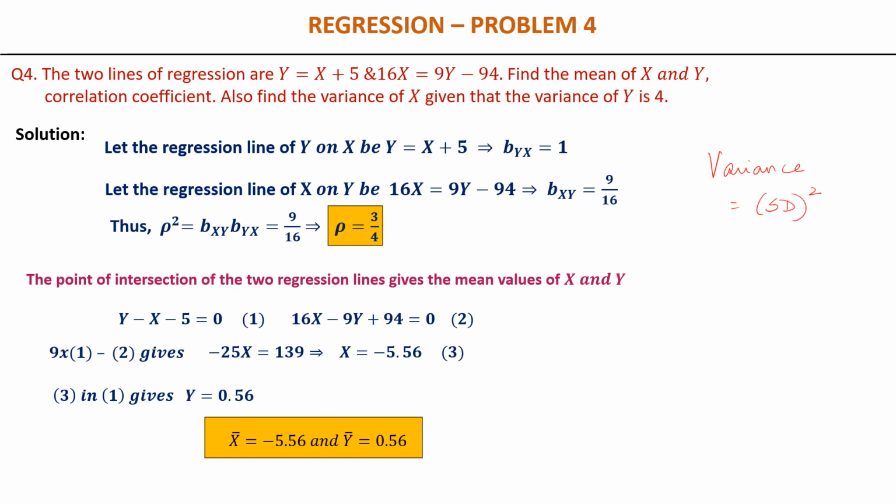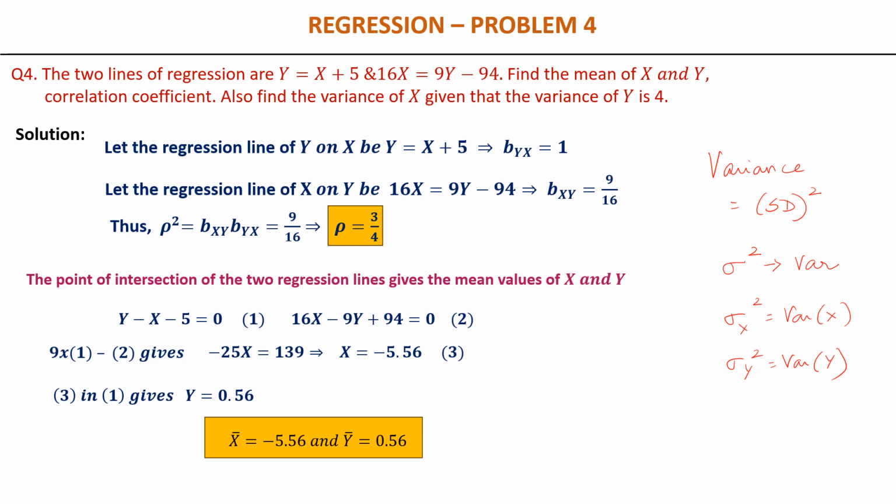If sigma denotes standard deviation, then sigma square is the variance. So sigma x square means variance of x, and sigma y square is the variance of y. By taking the square root of the variance, you get back the standard deviation.